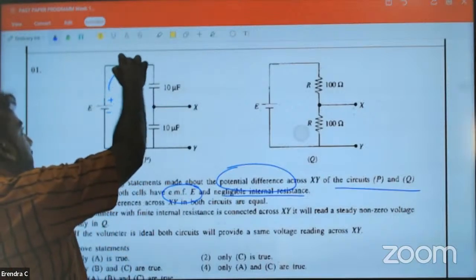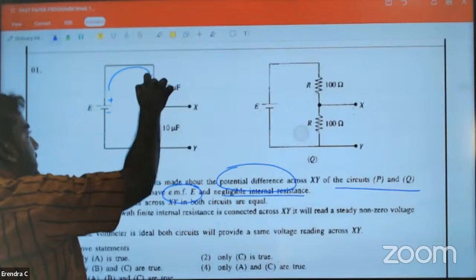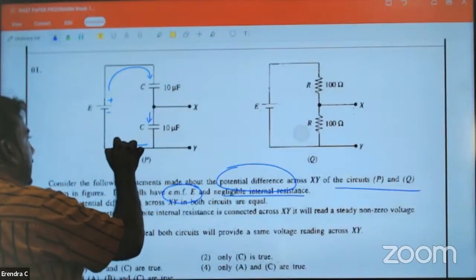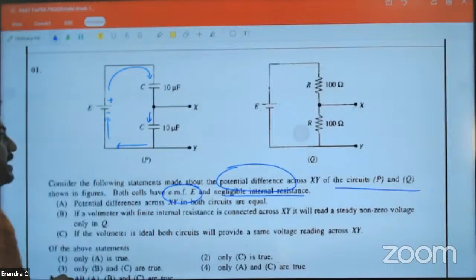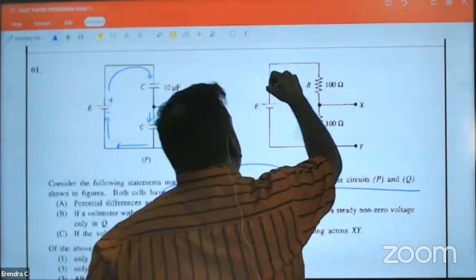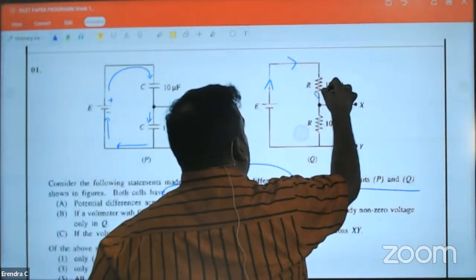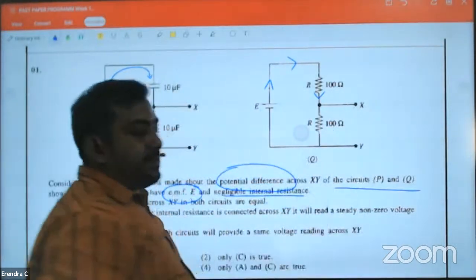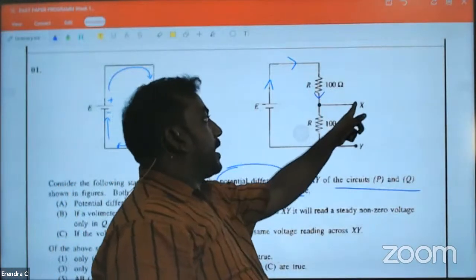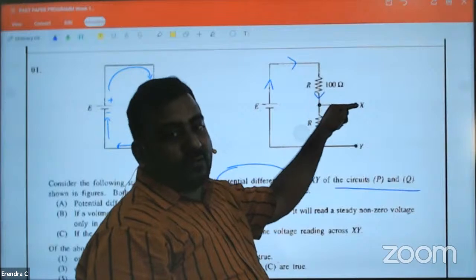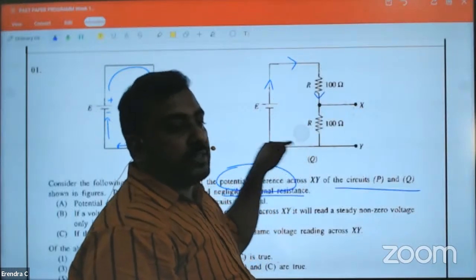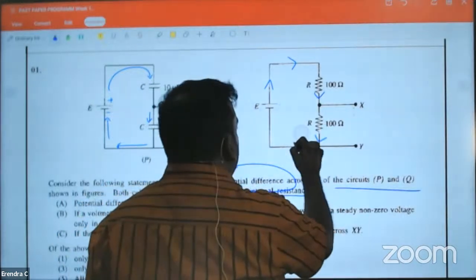So charges will travel, and then the charges will come back. Current will travel from the positive terminal. These are open terminals. If they are open terminals, current can't go through this. So current won't go there and stop and wait. Clear? Current will keep going through this. So current keeps on going.